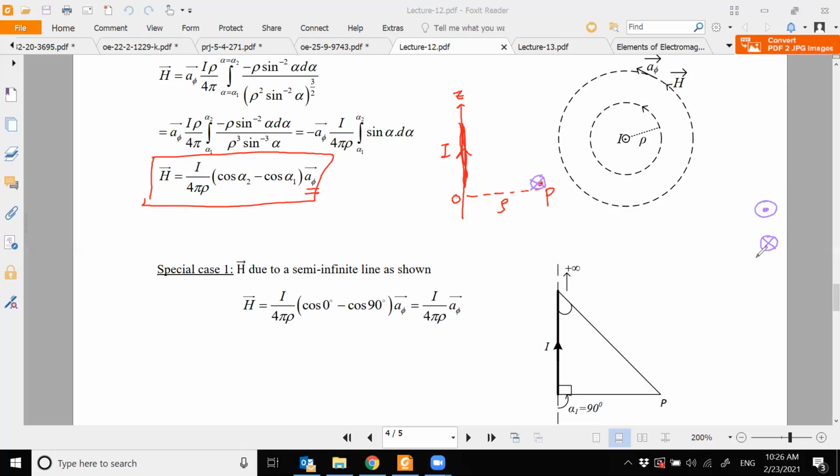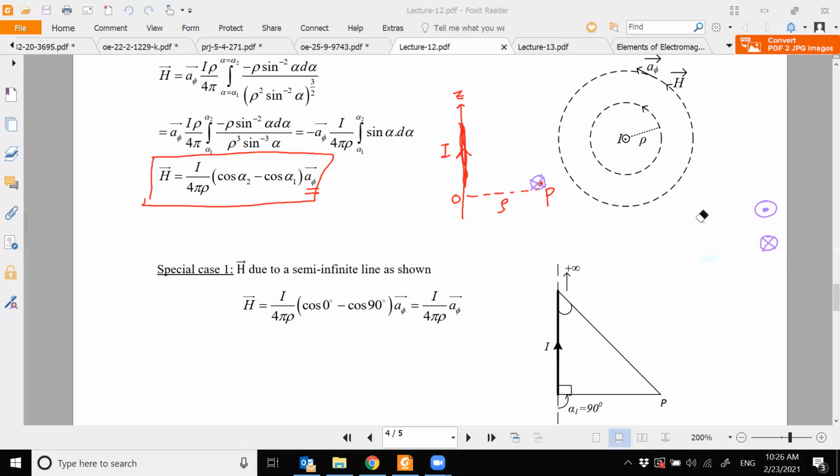So this is how we represent it. For example, X, Y. Now, if I want to represent Z, I can represent Z like this, so that means my Z is coming out of the screen.